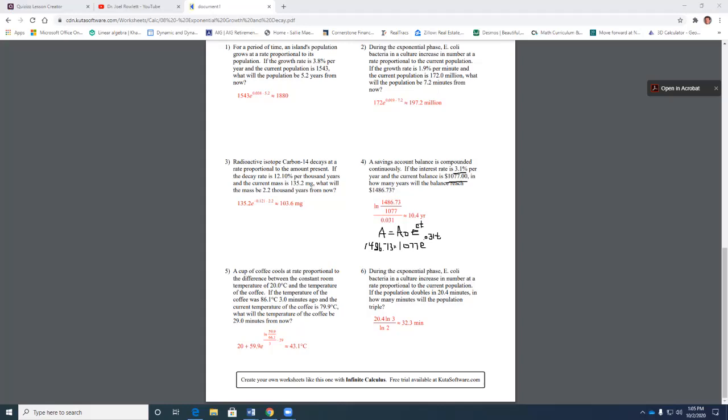Basically, we have to solve for t, right? We have to get t by itself. So the first thing I would do is go ahead and divide both sides of the equation by 1,077. If you divide the right side by 1,077, that's going to leave you with e to the power of 0.031t.